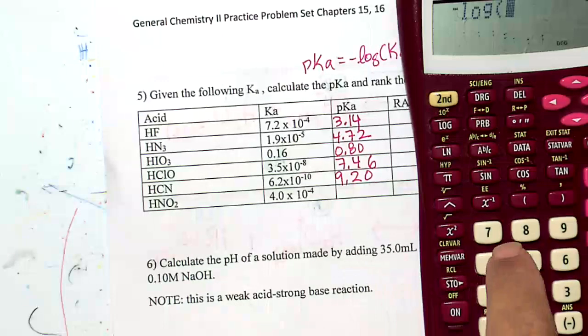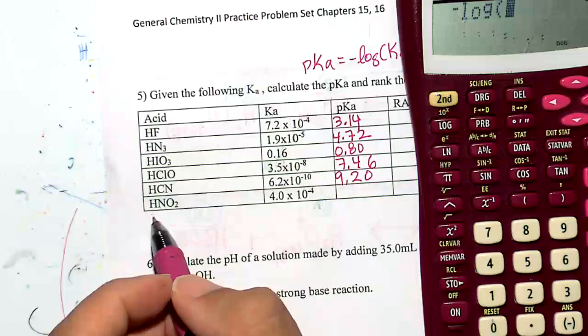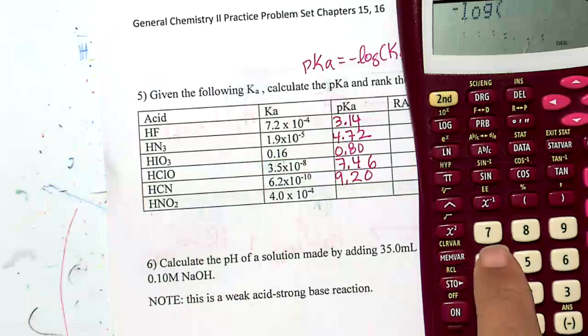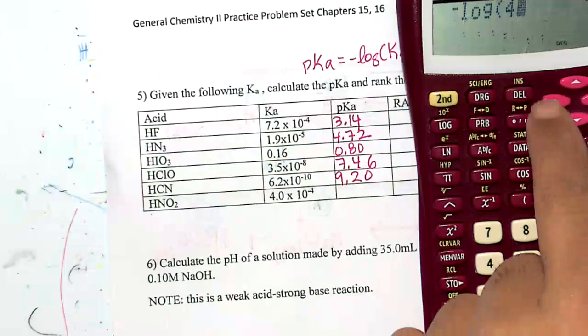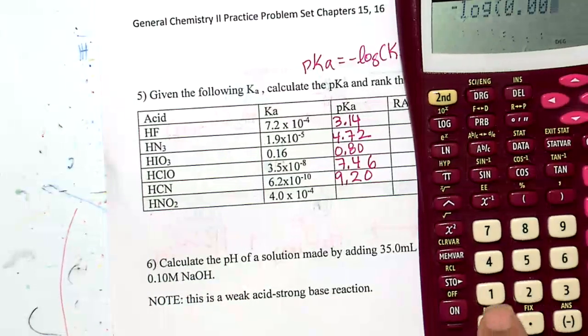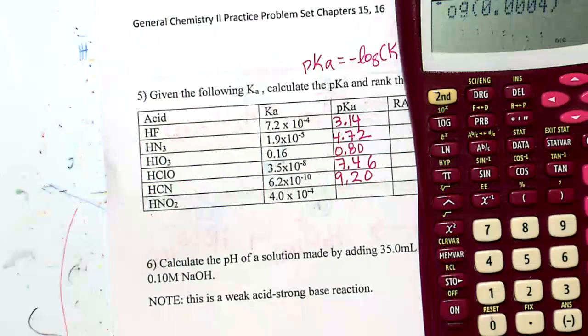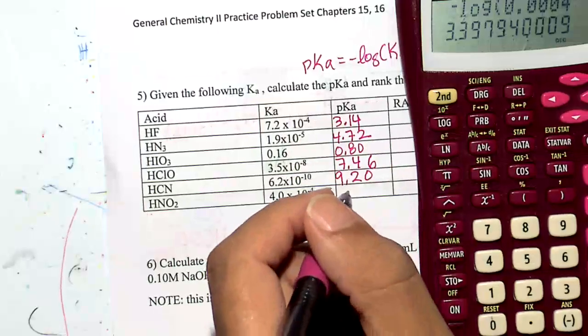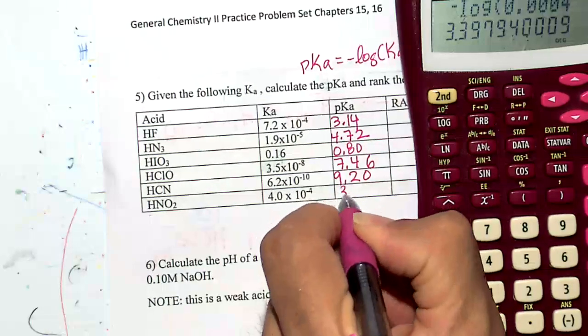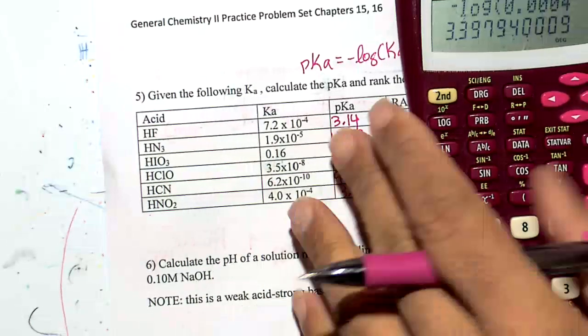And then finally, minus the log of 4 times 10 to the minus 4 for nitrous acid. 3.39, I'll call it 3.40.